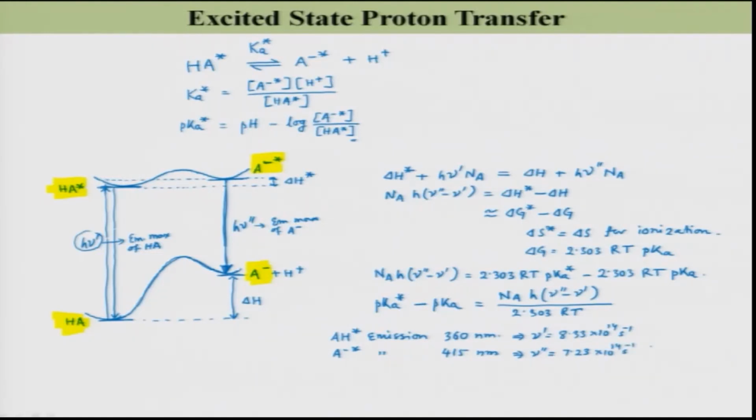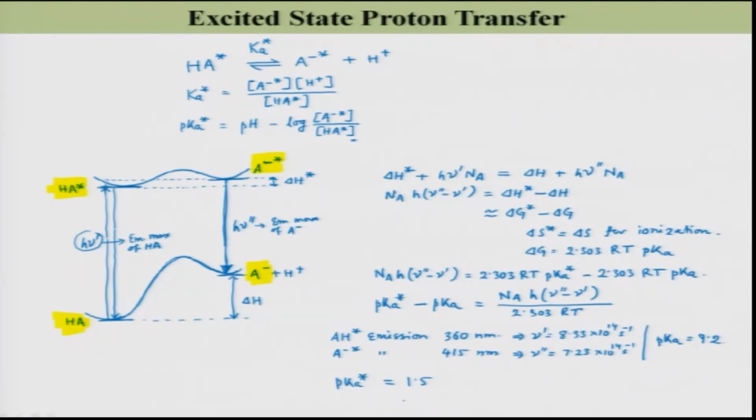If I know already that pKa of this molecule is 9.2 in the ground state, right, then pKa star can be calculated from this equation, and if you calculate, you will get around 1.5, right. So, immediately you will get this value.